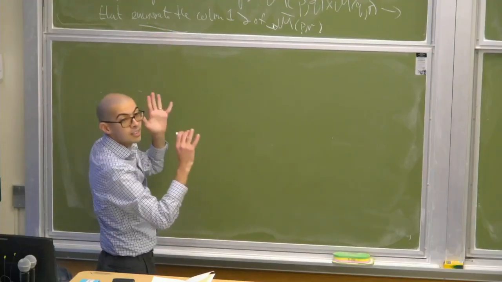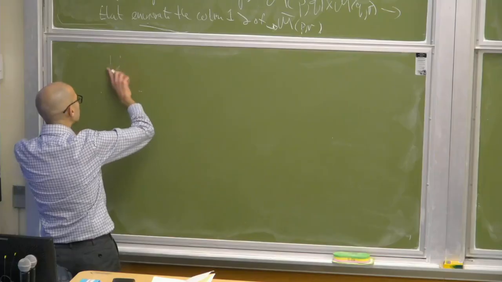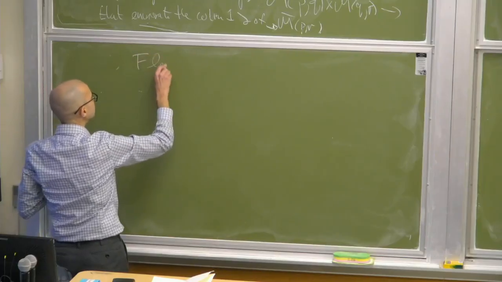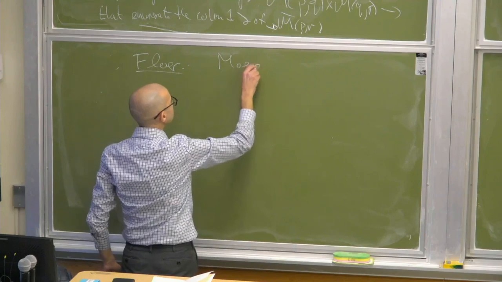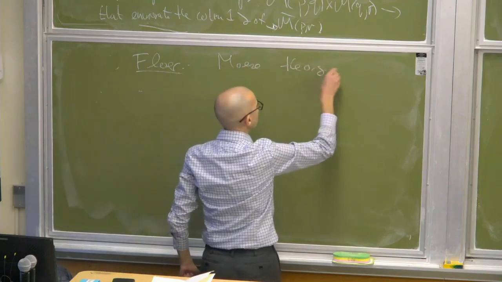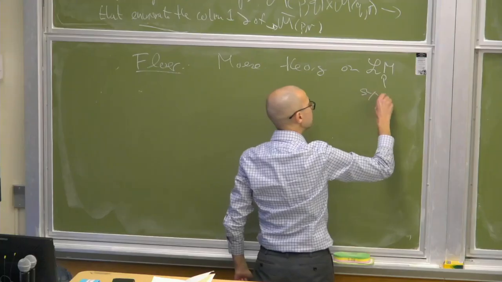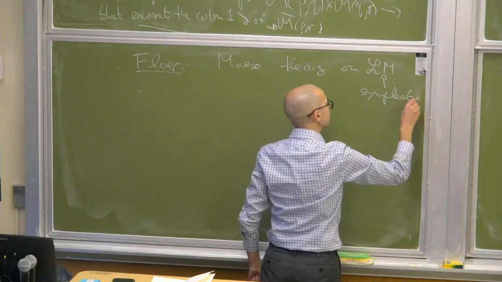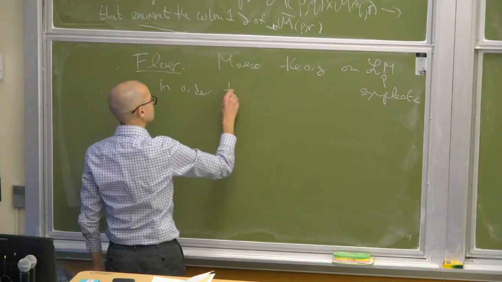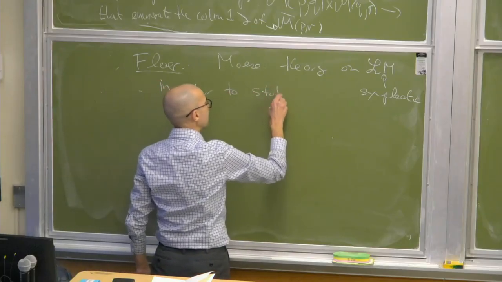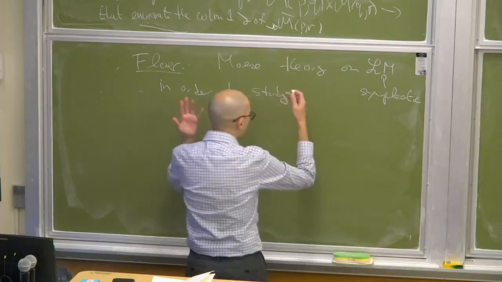And now, the first thing to say is that, unfortunately, and I also said that Floer realized that we can do some kind of Morse theory on the free loop space of a symplectic manifold in order to study fixed points of some Hamiltonian diffeomorphisms.